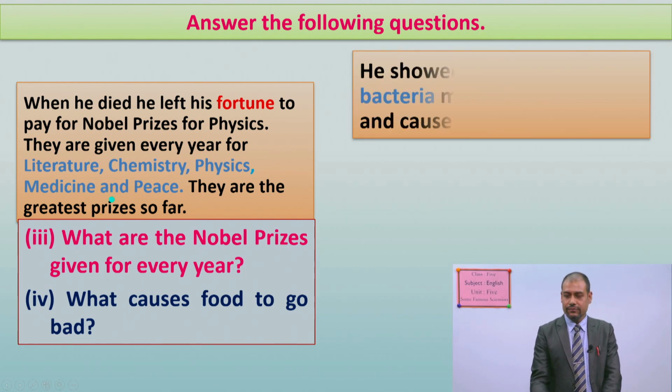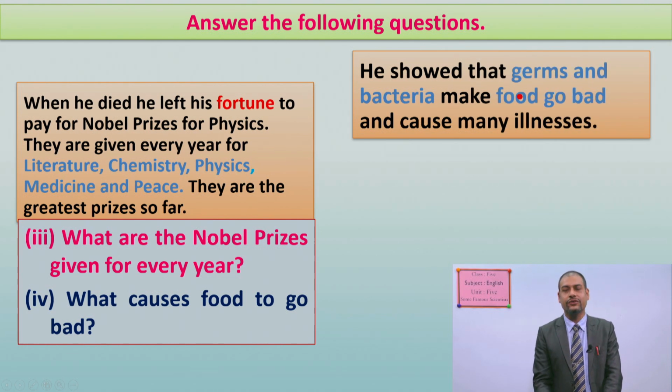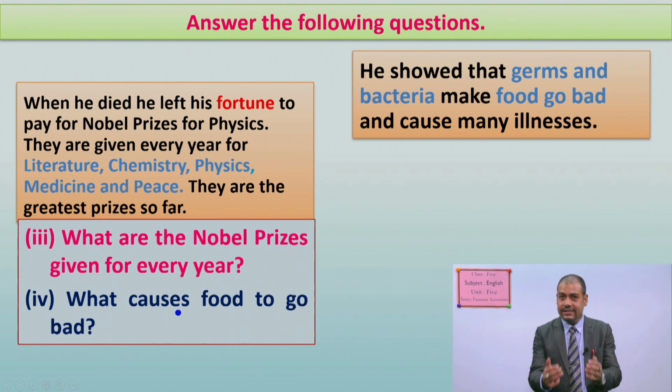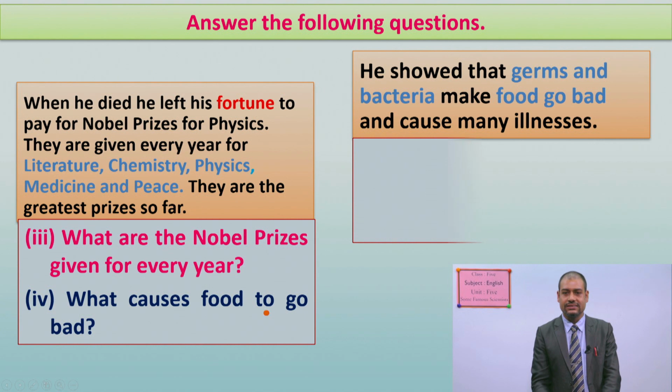Likewise, for question number 4, from these lines, you can take out your answer. And the key words are, he showed that germs and bacteria make food go bad and cause many illnesses. Okay? So germs and bacteria, food go bad are the key words for this question. So your answer should be like this.